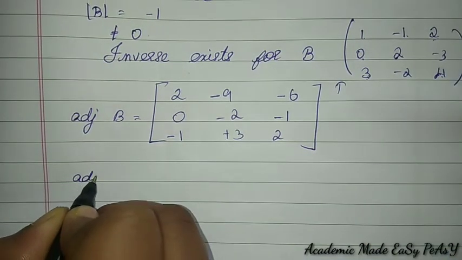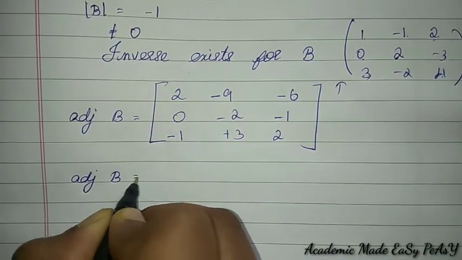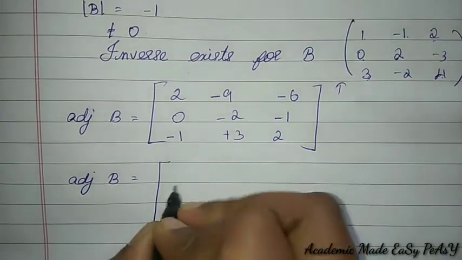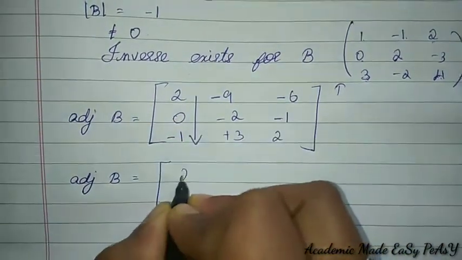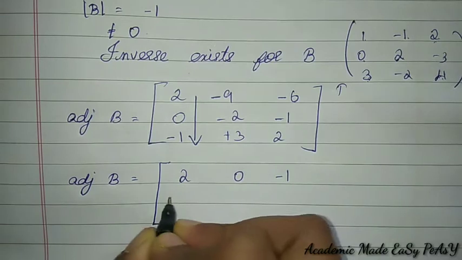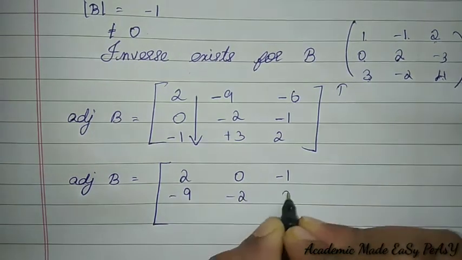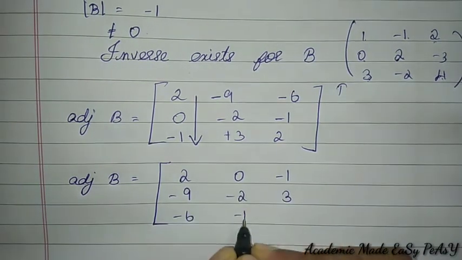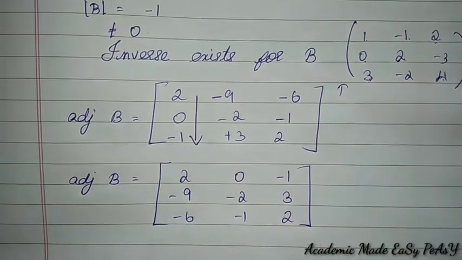So adjoint of B is equal to, I will be changing this to 0, minus 1, minus 9, minus 2, 3, minus 6, minus 1, 2.